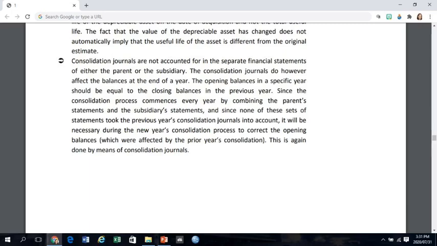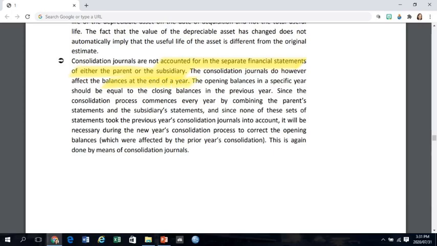Always remember that consolidation journal entries are not accounted for in the separate financial statements of either the parent or the subsidiary. So if I have additional depreciation necessary in the group, I'm not changing the depreciation or the profit in the separate financial statements of S. But my consolidation journal entries do, however, affect balances at the end of the year.